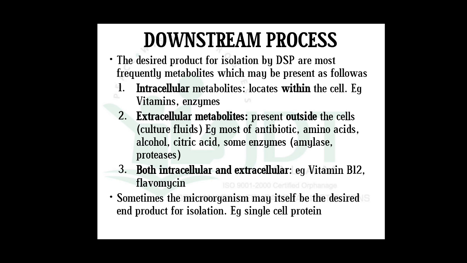Examples are most of the antibiotics, amino acids, alcohol, citric acid, and some enzymes like amylase and proteases. Some metabolites are both intracellular as well as extracellular, like vitamin B12 and flavomycin. Sometimes the microorganism itself may be the desired end product for isolation, like single cell proteins.